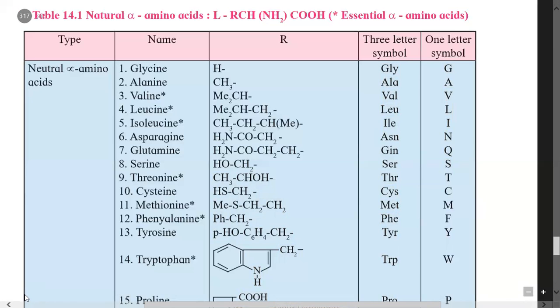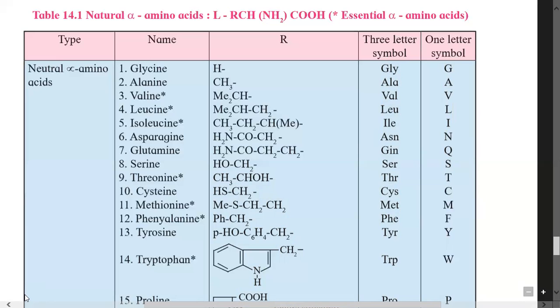The next example is cysteine. Here the R group is SHCH2, the symbol is CYS, and capital C. The next example is methionine. It is again an essential amino acid.